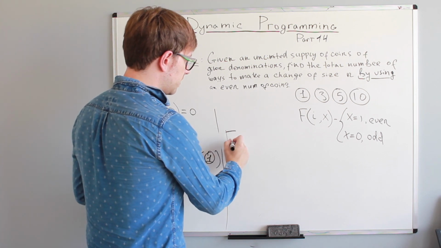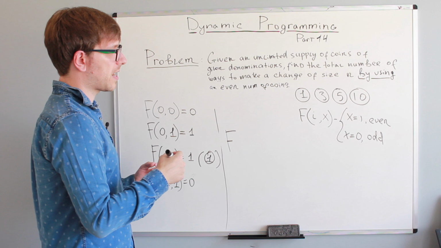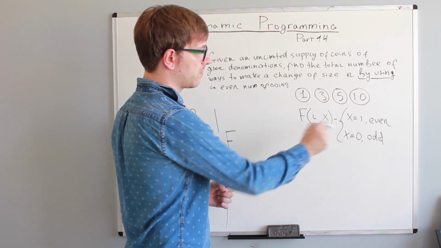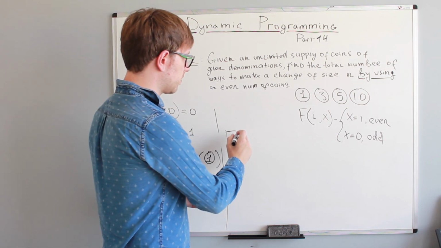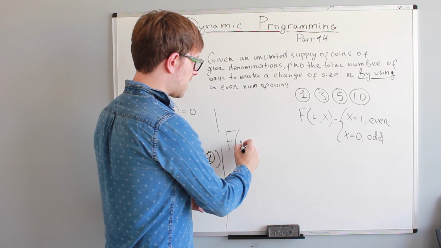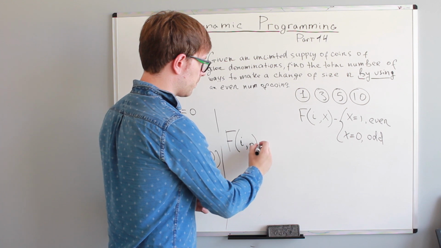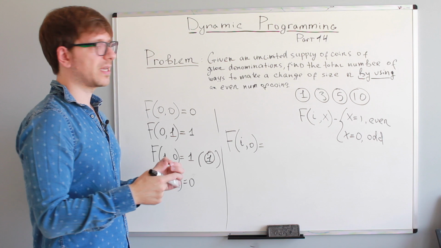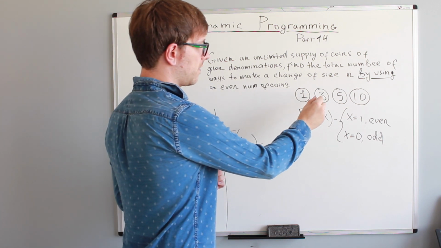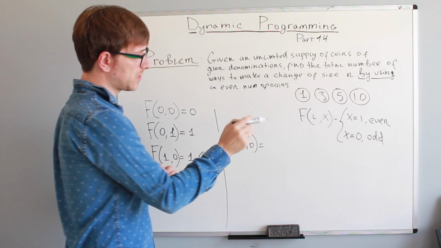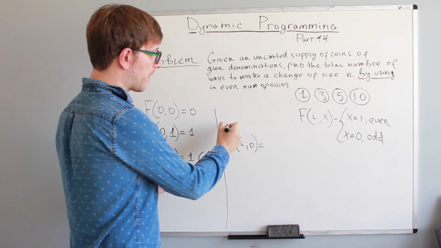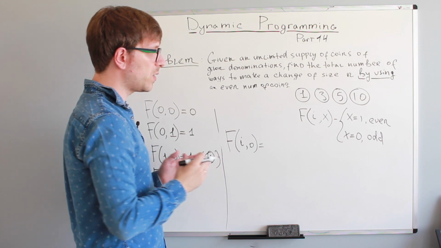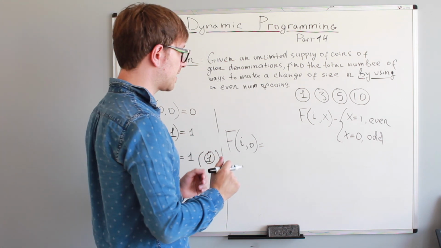So we'll have to write down 2 transition functions, for when x equals 1 and when x equals 0. So let's take a look. f of I, 0 equals... How can we start making a change? We can start from 1, 3, 5, or 10, right? Let's start from 1. Right now we're in this state, f of I, 0, and we want to transition to the next state.